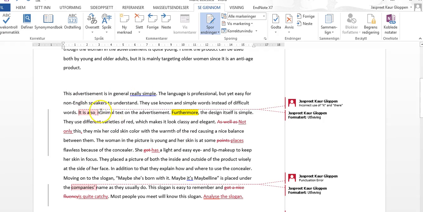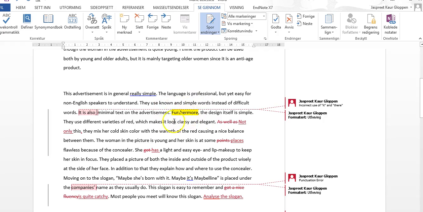When you say it is also minimal text on the advertisement, first of all, you wouldn't say it is, you would say there is minimal text on the advertisement. But the right way to say it would be to not use it is or there are or there is at all. You should just say the text on the advertisement is minimal.